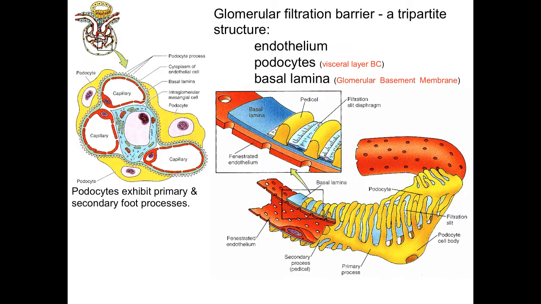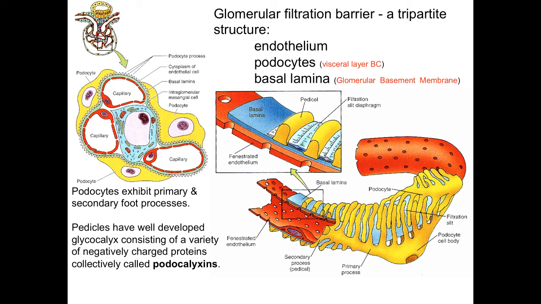As we said, the podocytes exhibit primary and secondary foot processes. The pedicles have a well-developed glycocalyx that consists of a variety of negatively charged proteins that are collectively called podocalyxins.